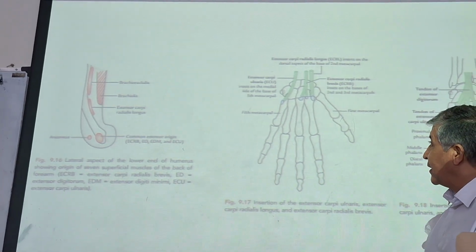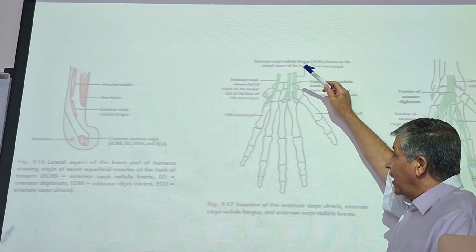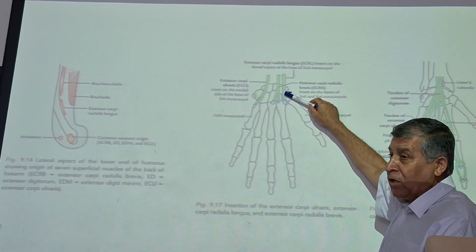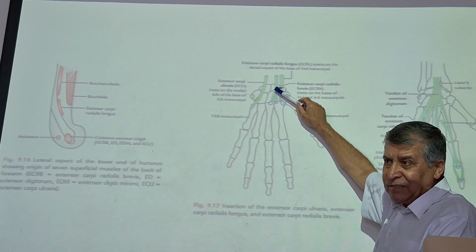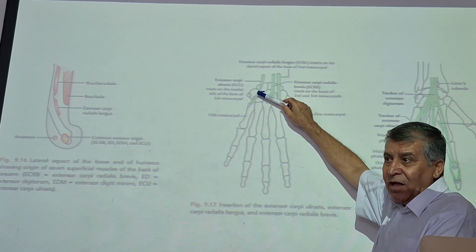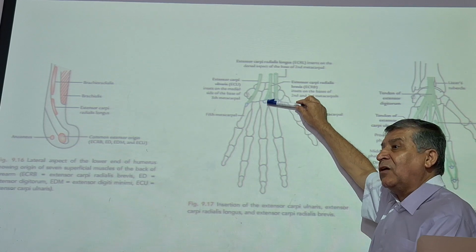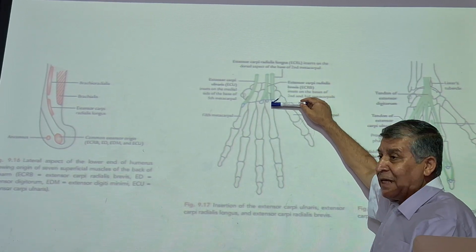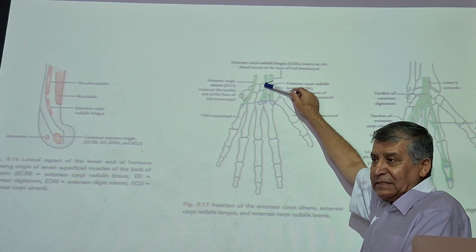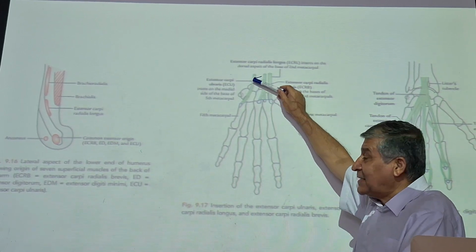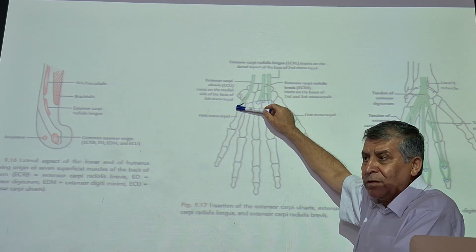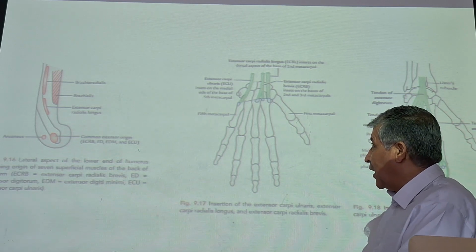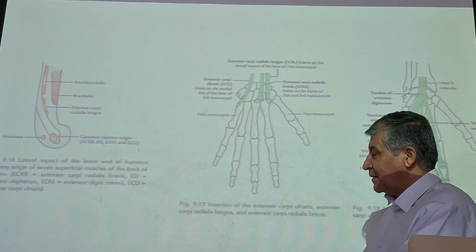Extensor carpi radialis longus and brevis, and extensor carpi ulnaris, are all attached to the base of the metacarpal bones. Extensor carpi radialis longus to the second, brevis to the third, and extensor carpi ulnaris to the fifth metacarpal.